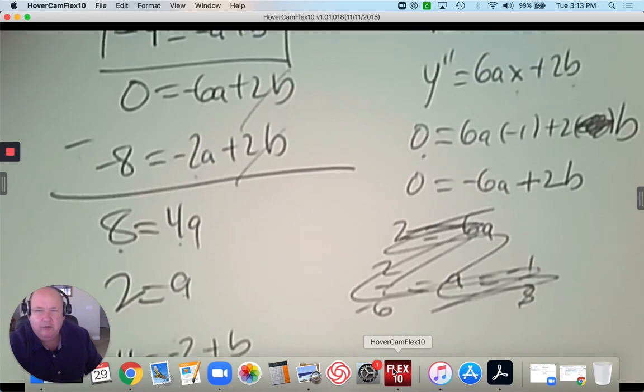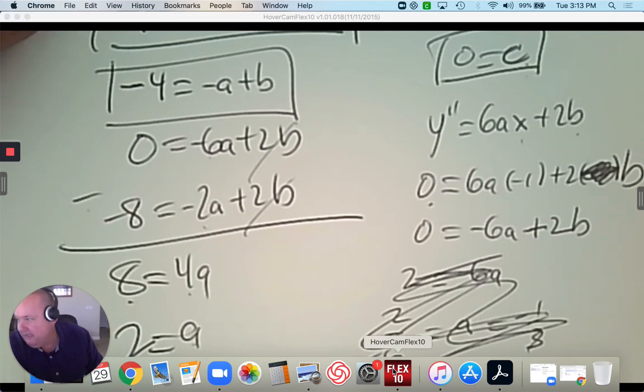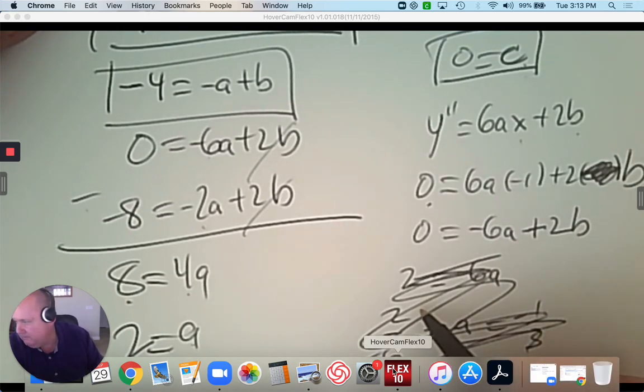Alright, so let's make sure I did all the little math correct here. So I'm looking at the answer key as I look back at it. So negative 4. So we have negative 6a plus 2b. I got that, equals 0.